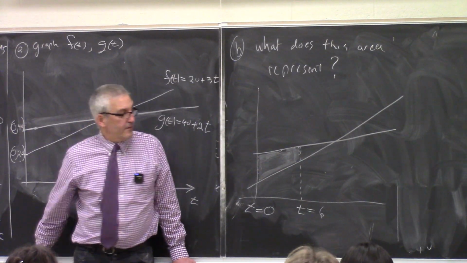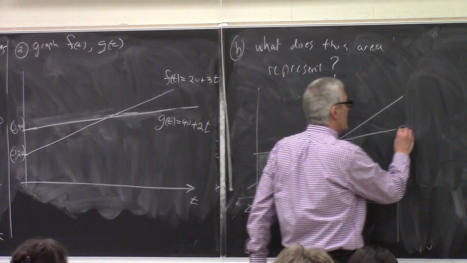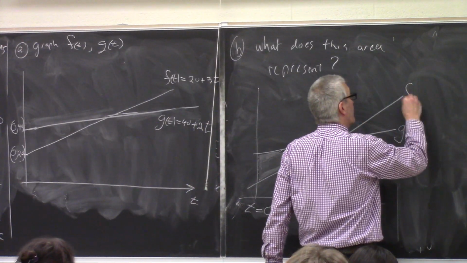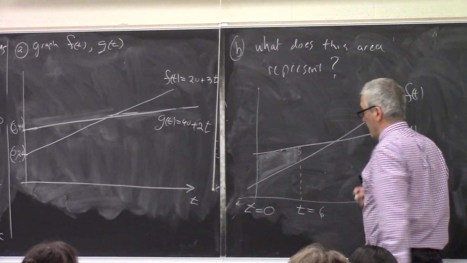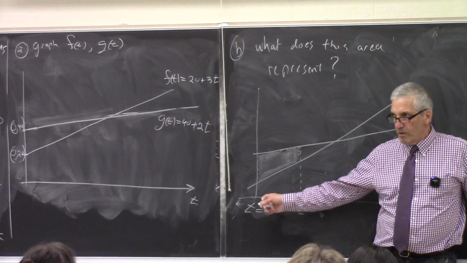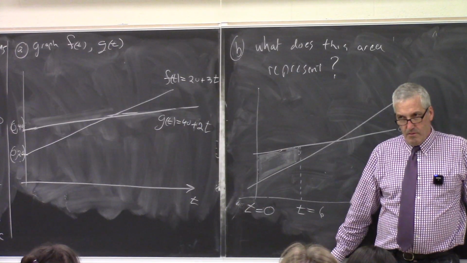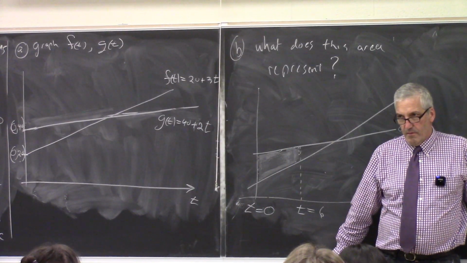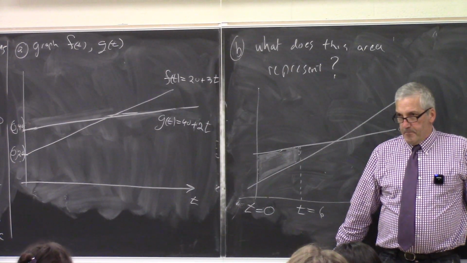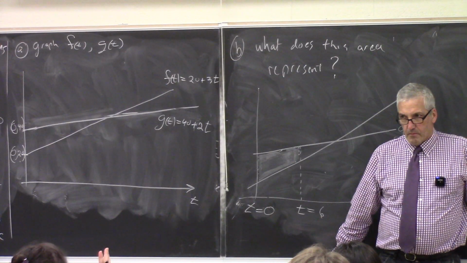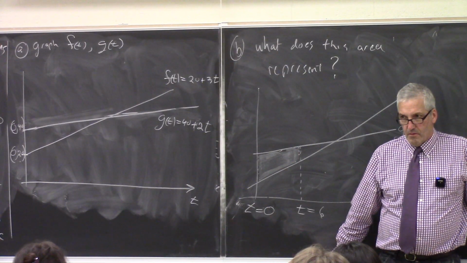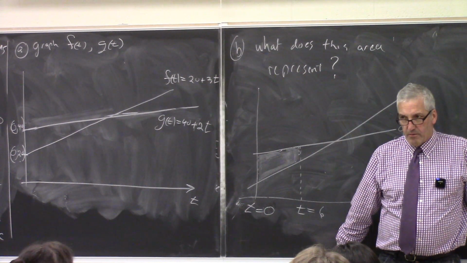This is g of t, and this is f of t, from 0 to 6. So what is the number that's that area? What does that mean? Kenzie? It's how much further ahead George is than Fran at time 6.